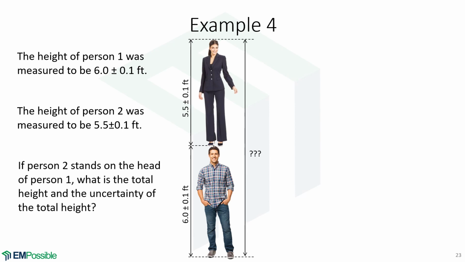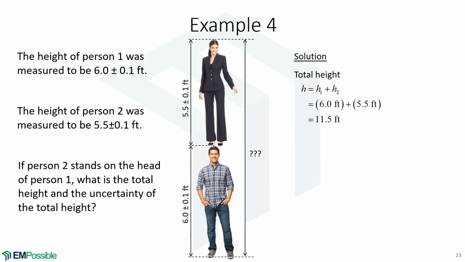So the question is, all right, she's standing on his head. What's the total height of the two, and what's the uncertainty of that total height? And if we didn't know anything about this, we probably would think, oh, the uncertainty is either like 0.1 or 0.2, and no, it's not actually either of those.